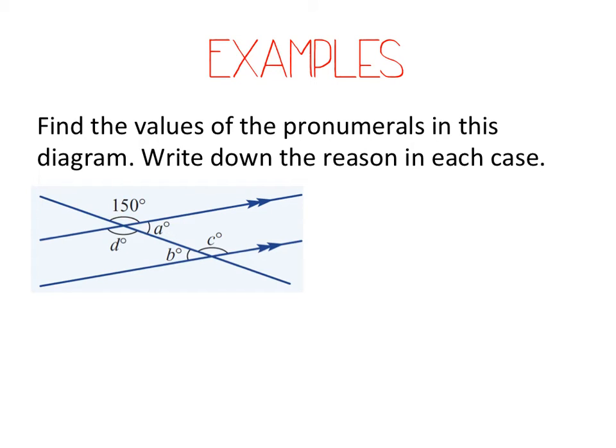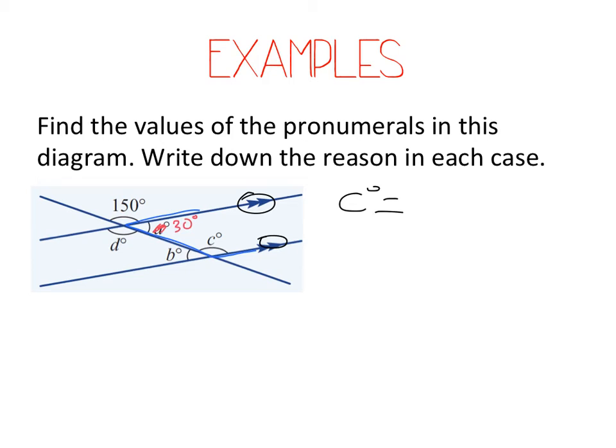Okay, next, now that I know what A is, I'm going to write 30 degrees in there, okay. I know C has a relationship with A, okay? And that relationship is co-interior, okay? So they form a C, because there's my two parallel lines indicated by these arrows.